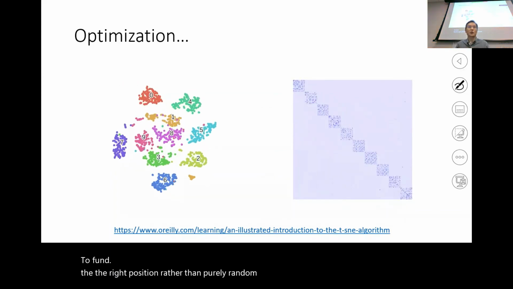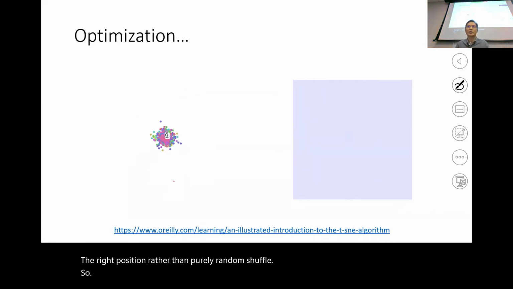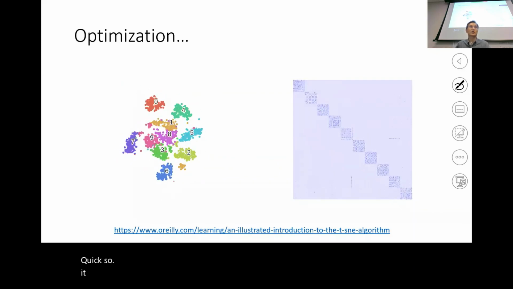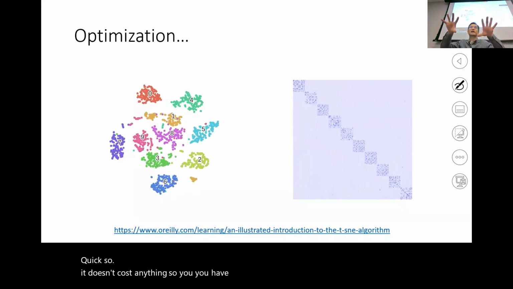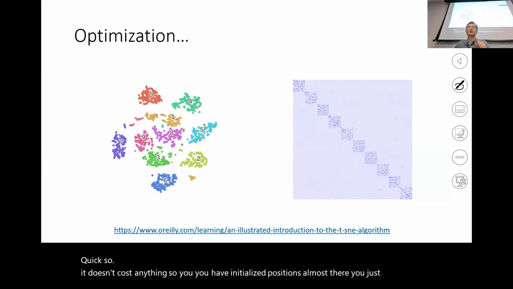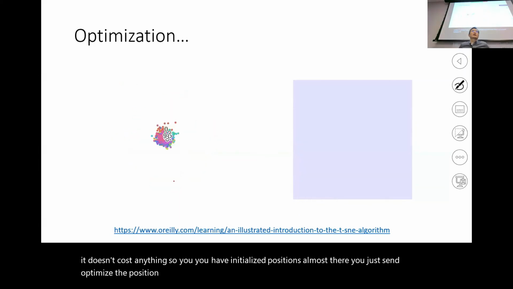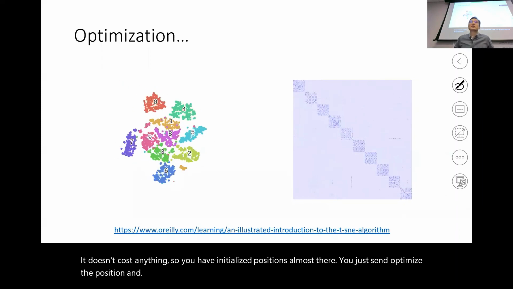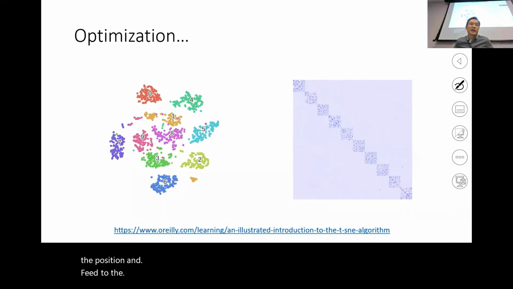PCA is so quick, it doesn't cost anything. So you have initialized positions almost there. You then just optimize the position and fit the overall probability of neighborhood.